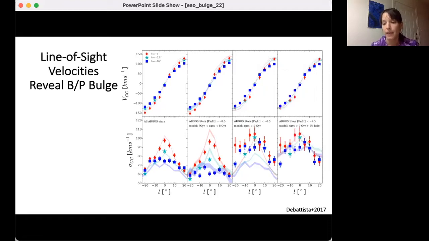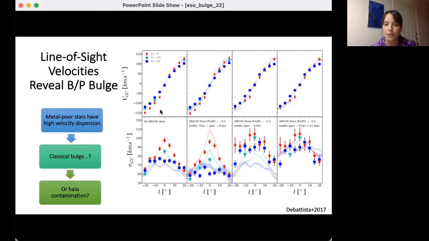However, as this paper points out, you could just add a 5% halo component in here, and that would also create that signature of a higher velocity dispersion. So we have this degeneracy: do the metal poor stars have a higher velocity dispersion because there's a classical bulge component, or is it just those halo stars that are spending most of their lifetimes far from the center of the galaxy and are just passing through?